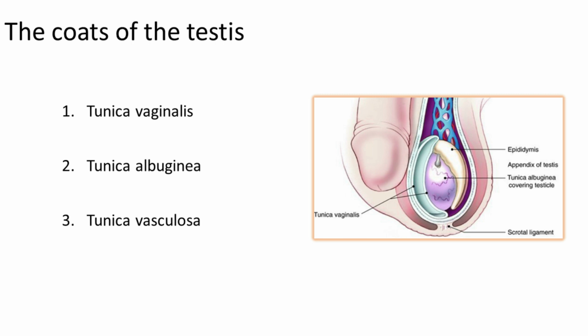The testes has three coats: tunica vaginalis, which is the outer, inside it tunica albuginea, and the third one is tunica vasculosa. The tunica vaginalis is derived from peritoneum.